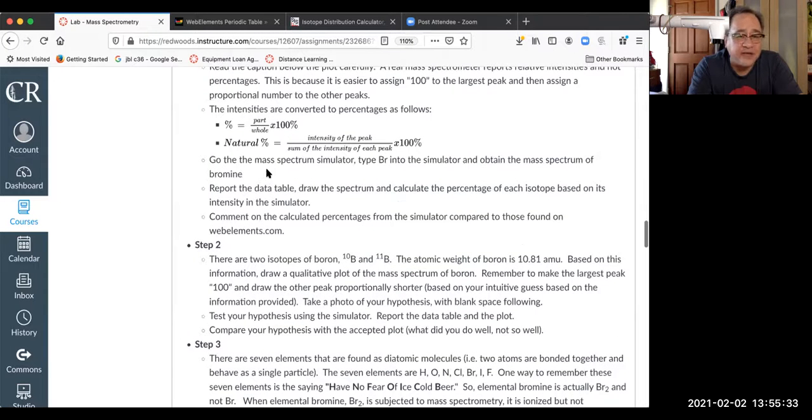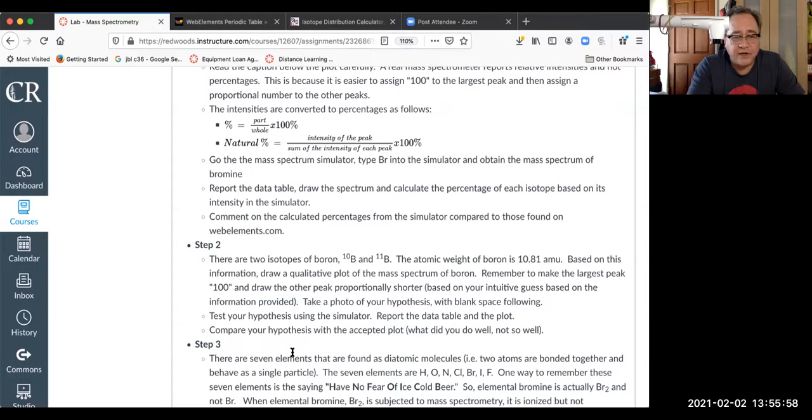Go to the simulator, type bromine in, get the mass spectrum, report the data table, draw the spectrum, calculate the percentage of each isotope based on its intensity. So we're going to do all that together. I'm going to show you how to do it. And then you're going to tell me what comments you would write.